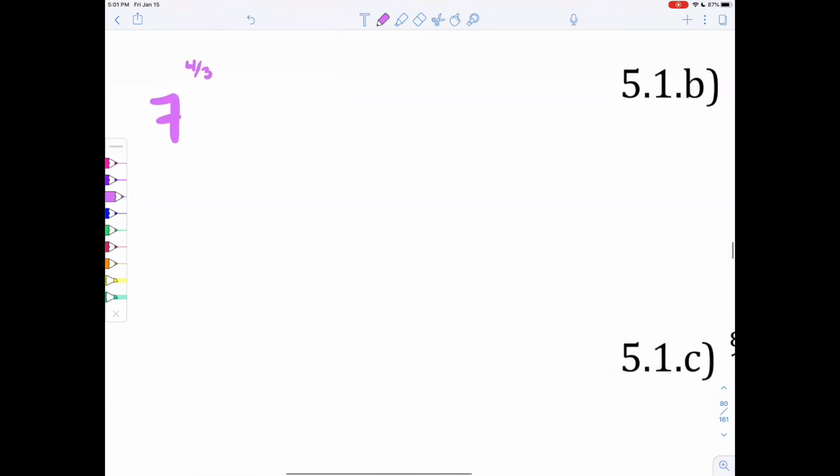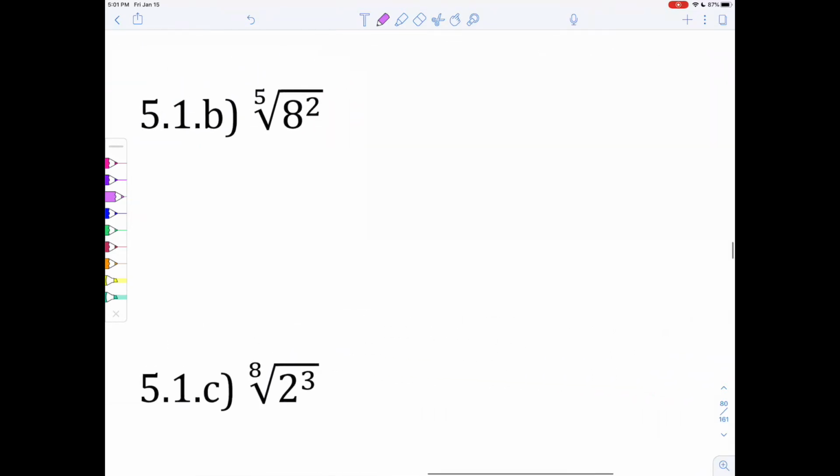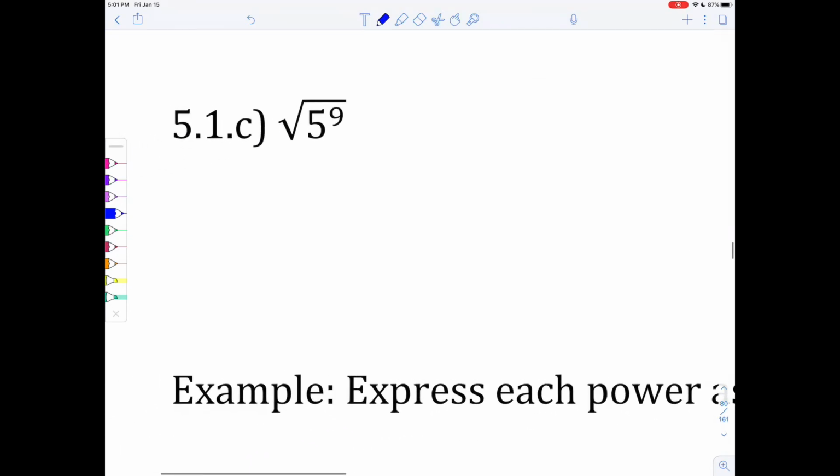Well, here I go. I'm going to write this as an exponent. So 8 is my base, 2 is in the numerator of the fraction, and the denominator of the fraction is the index of the radical, which was 5. Whoa, hey, I don't see an index here. That's scary. Just kidding. We know that that index is really 2.